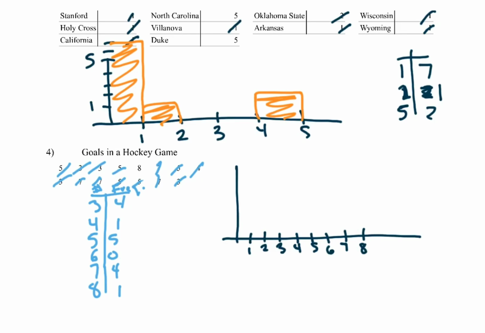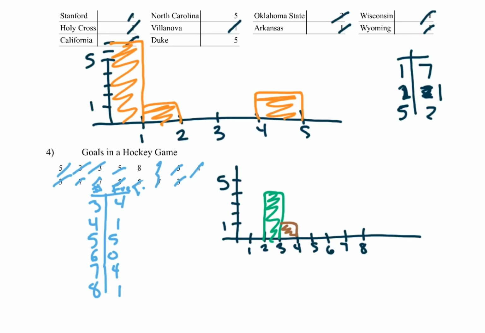This is our number. Okay, so 5 was my highest. Okay, so there weren't any until we got to 3, right? And there were 4. And then at 4, there was 1.